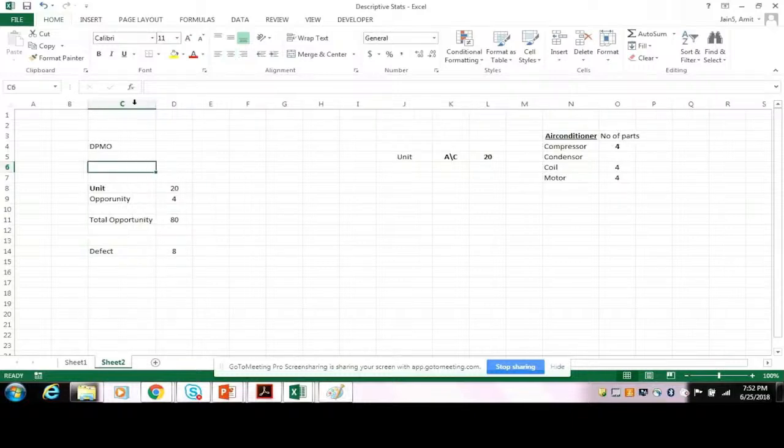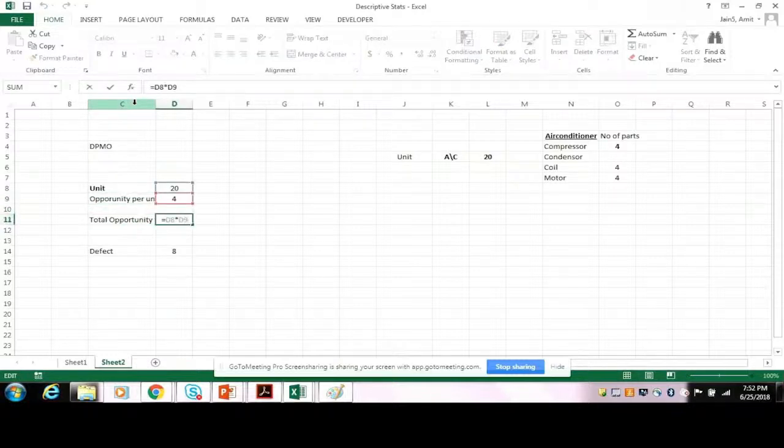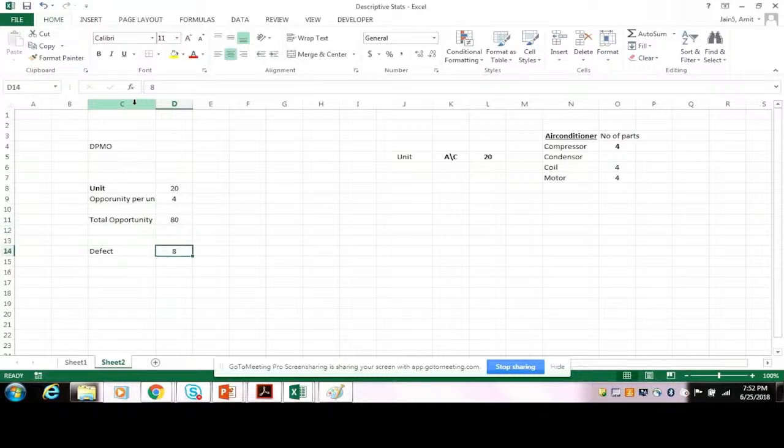Now there are a few things that we want to calculate. We have the data: total number of units is 20, opportunity per unit is 4, total opportunity is number of units multiplied by opportunity per unit, and then we have the data on defects, which is 8.